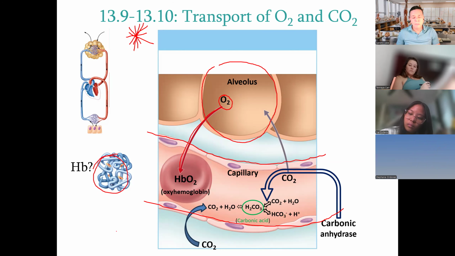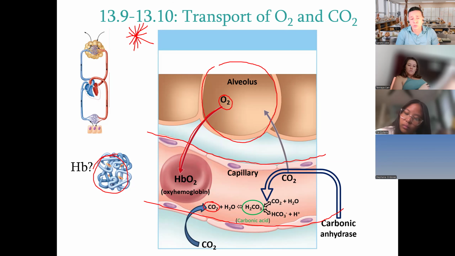Now, what I want you guys to understand is that the CO2 that is traveling in our blood, right, that is coming from the tissues, you know, the blood passes through the tissue, collects the CO2 so we can get rid of it. The CO2 is a waste product.